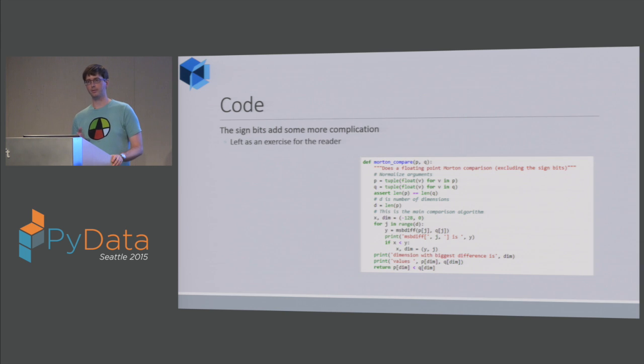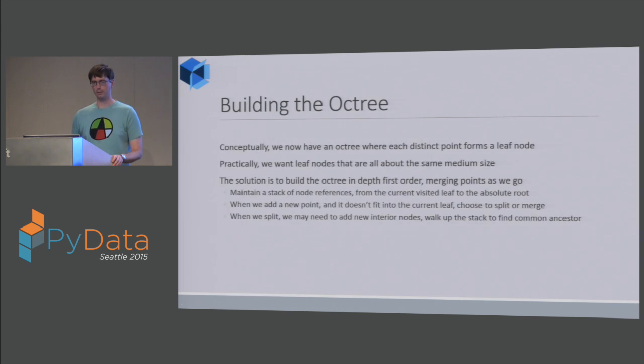If the bit is sooner for this coordinate, then we override it. Otherwise, if it's a tie, we leave it. Or if it's worse, we leave it. And then we compare those numbers for that dimension. In practice, we've written some SIMD code with SSE2 to tweak the performance of this, and it works out pretty well. You get pretty good performance on this primitive operation.